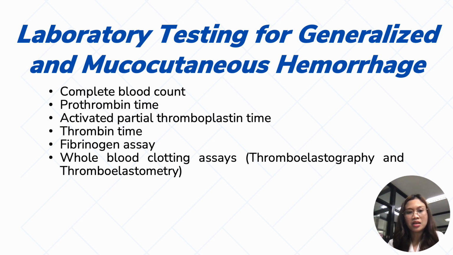Aside from CBC, coagulation tests like prothrombin time, activated partial thromboplastin time, thrombin time, and fibrinogen assay are also tested. The importance of each test shall be discussed shortly. Lastly, whole blood clotting assays using thromboelastography and thromboelastometry may also be performed to measure the whole blood clotting process.